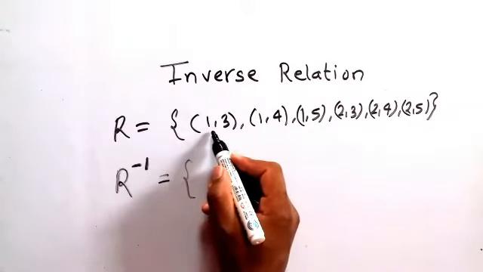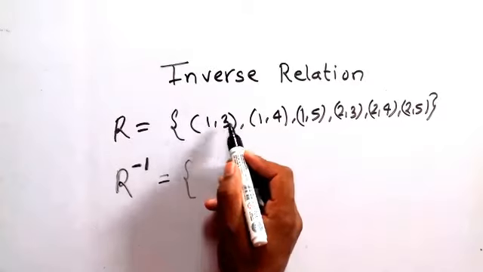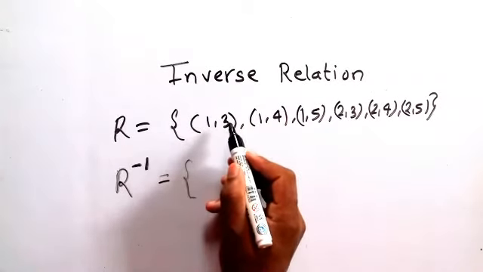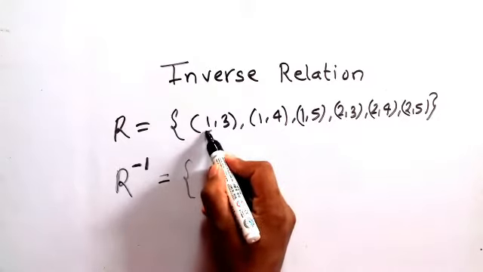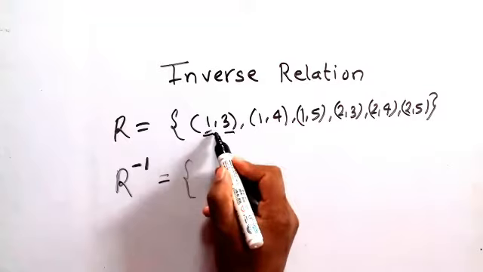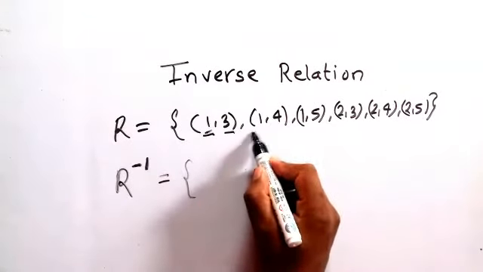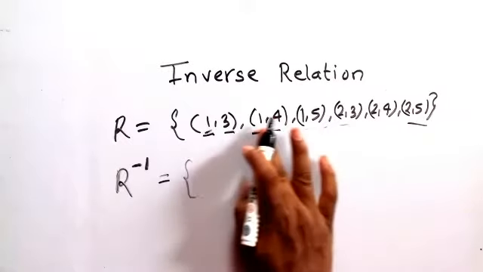As we have already discussed, interchanging these elements, the second element becomes the first element and the first element becomes the second element, or in another way, the x element becomes the y element and the y element becomes the x element. Same we follow in these ordered pairs.